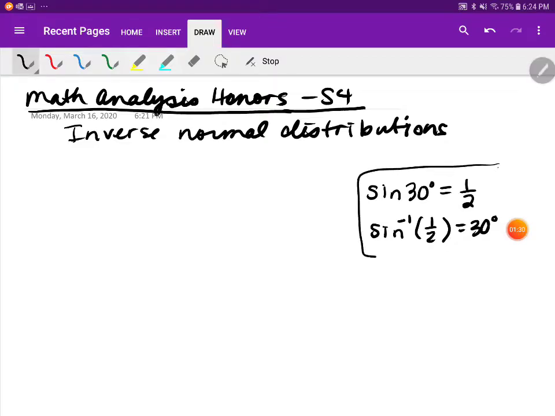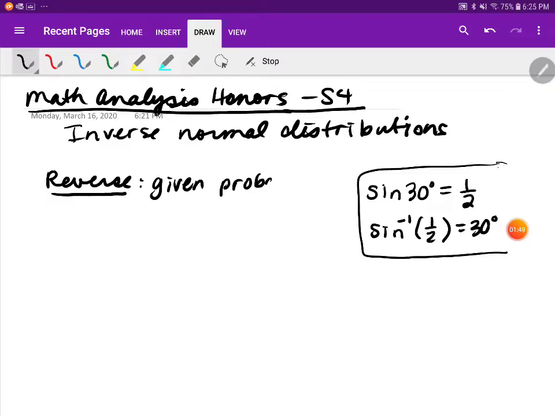This is just the inverse notation that you're used to. So what we're going to try to do is go in reverse. In reverse, what you're given is the probability.